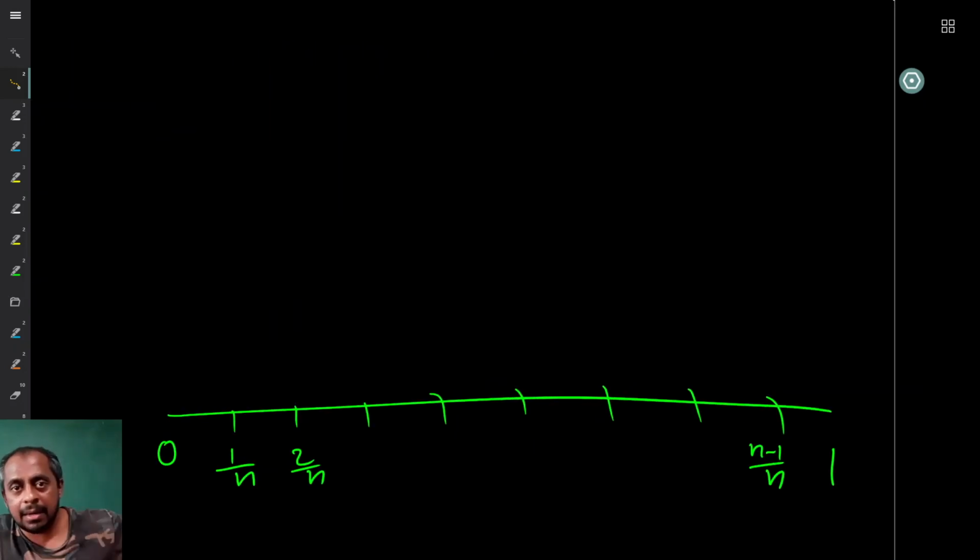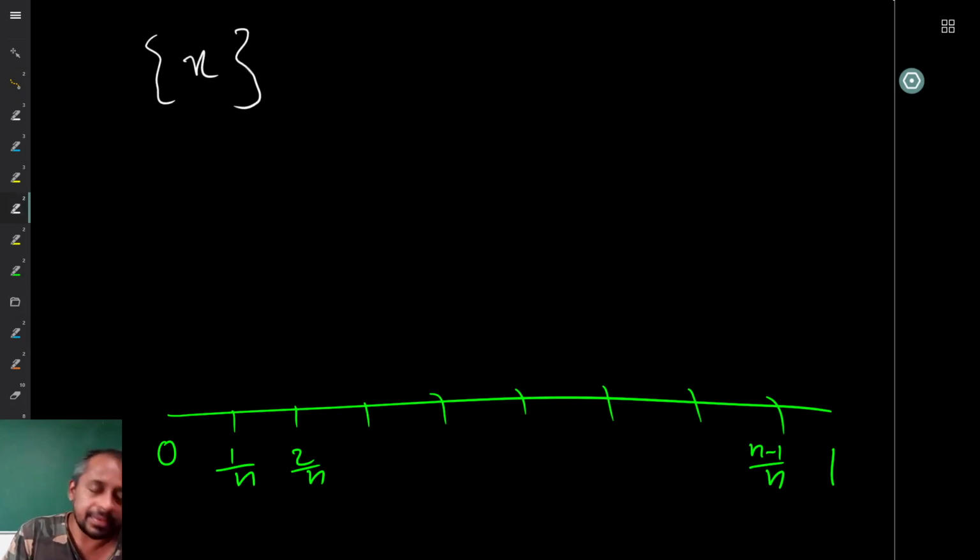So for the irrational number, the interesting part is the fractional part. So let us look at the number x given and then look at the fractional part. The fractional part of x I denote in curly brackets.